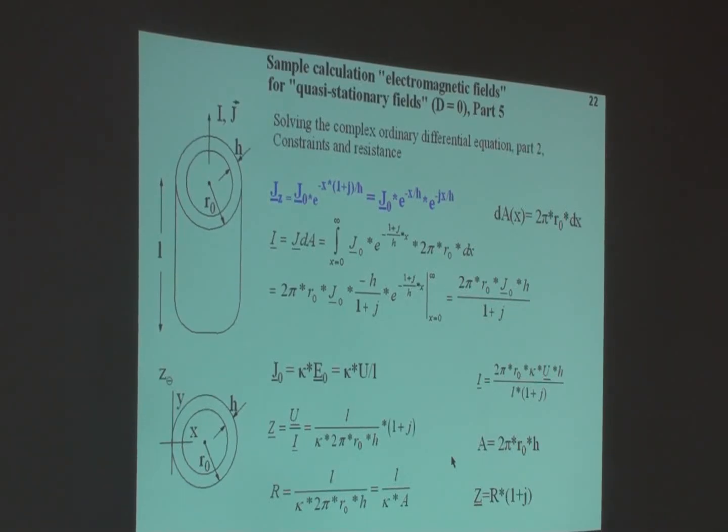The conductor has an inner reactance and an outside reactance, and so on this sheet it is calculated. We have time if you want.